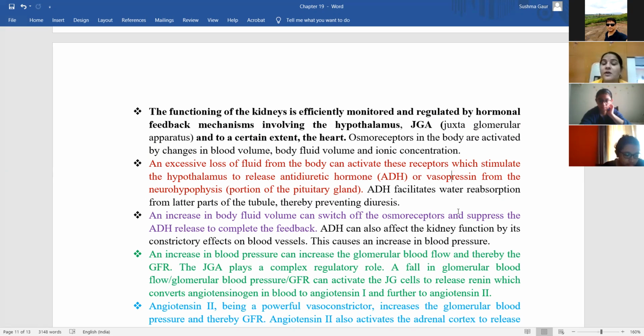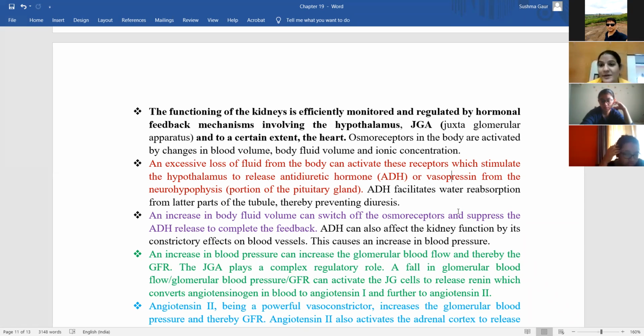When you are passing urine again and again, so there is an excessive loss of body fluid. So this antidiuretic hormone is basically responsible for reabsorption of body fluid from the tubule, the convoluted tubule and finally the collecting duct, from which urine goes into the ureter and urinary bladder, so that diuresis, excessive urine and excessive body fluid cannot be released.